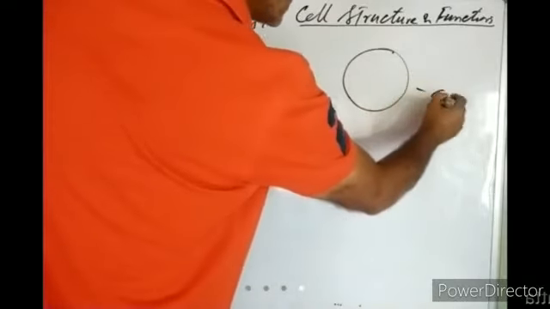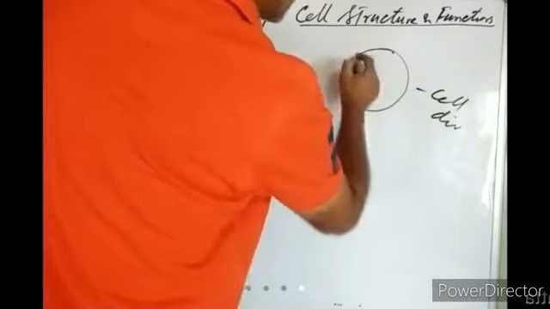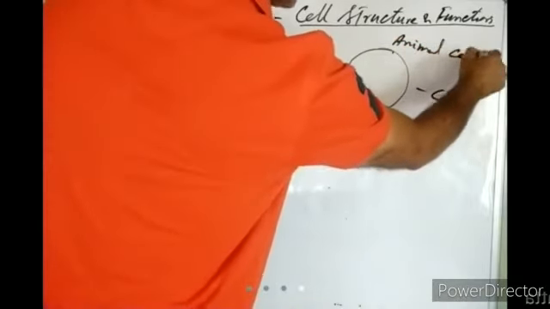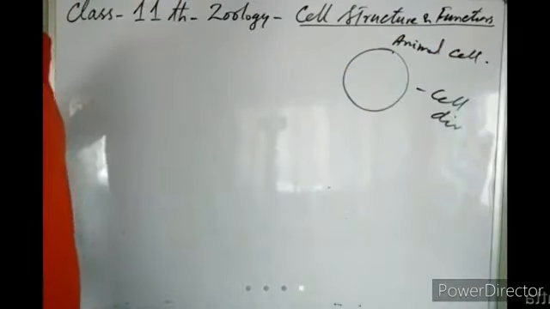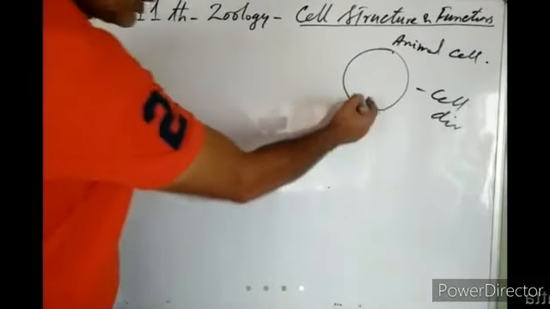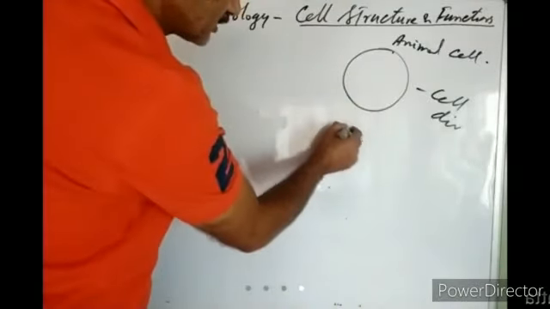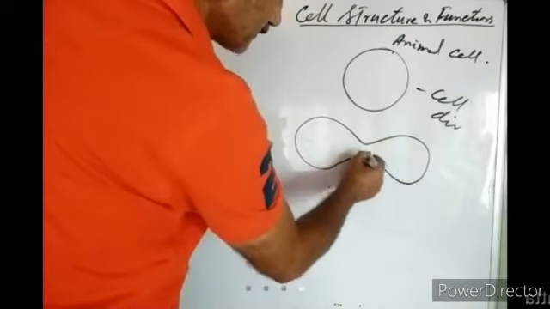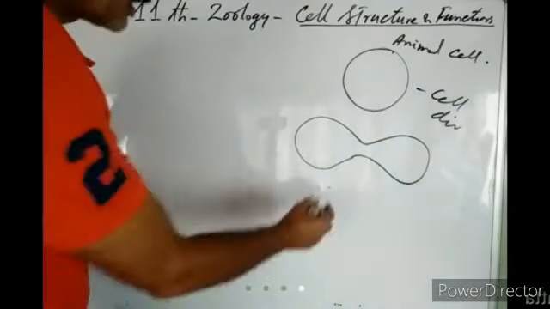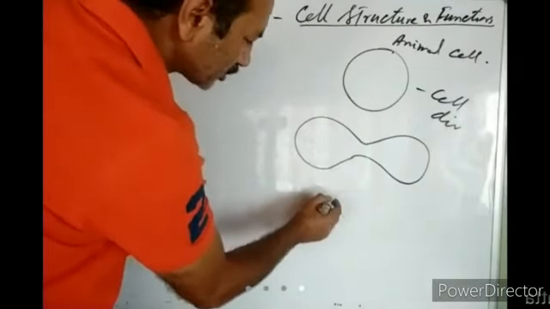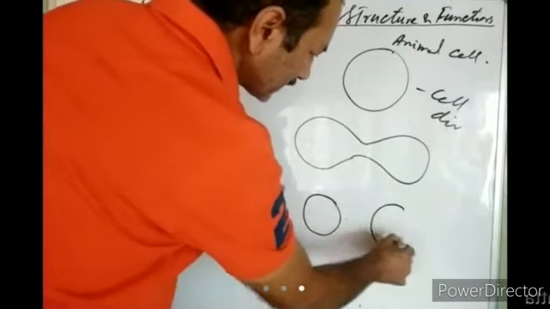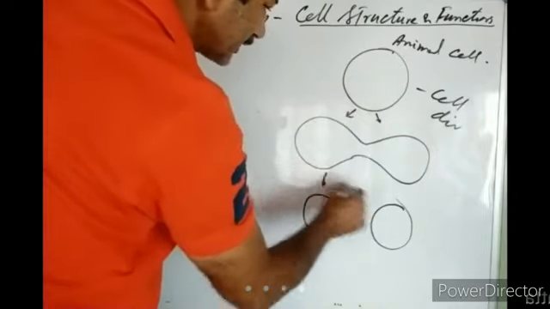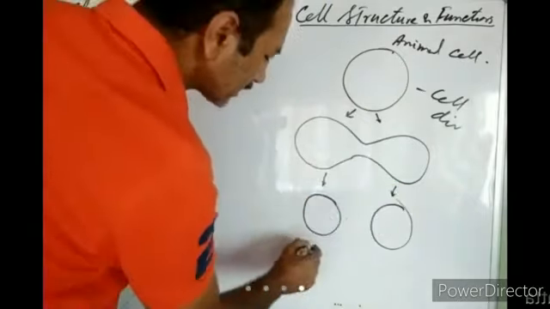It undergoes cell division, passing through mitosis or meiosis. The cell elongates and develops a cleavage furrow in the middle. Finally, the parent cell breaks into two daughter cells.